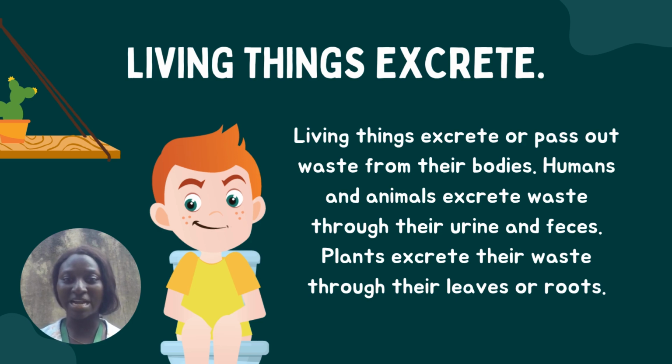So plants and animals also excrete. Living things like animals and human beings excrete their waste products through urine and feces, while plants excrete their waste through leaves and their roots.